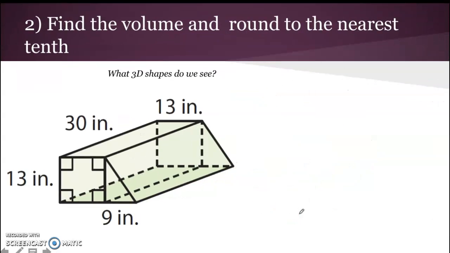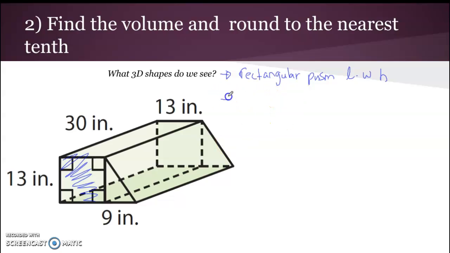Now, what about this crazy guy right here? So again, when we're thinking of this, I want you to think of what shape do you see. Excellent, guys. It should be a rectangular prism again. And in this case, again, it's length times width times height. So that's this piece right here.